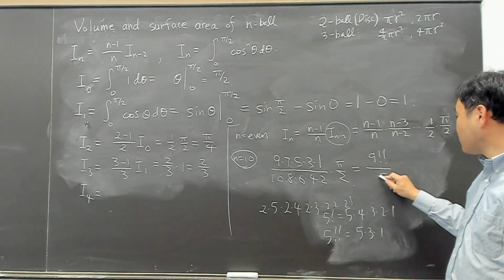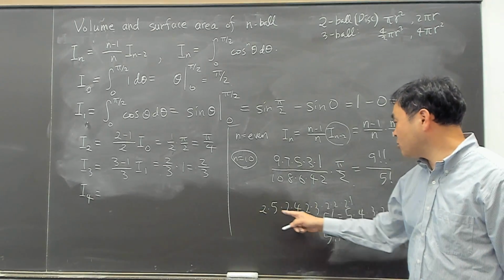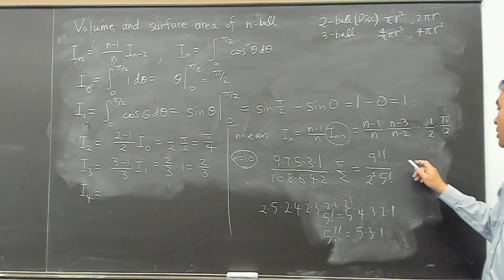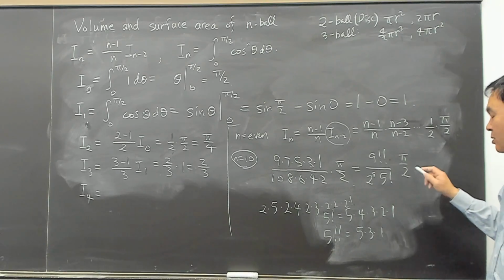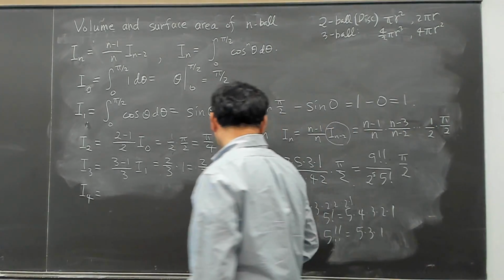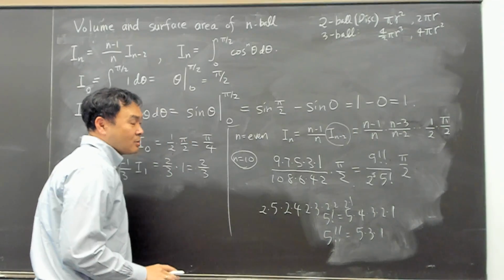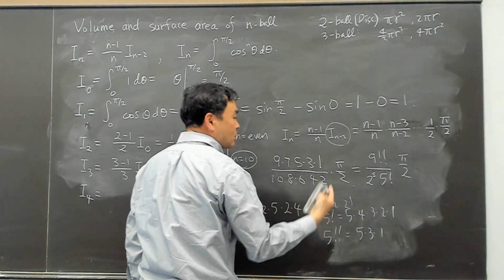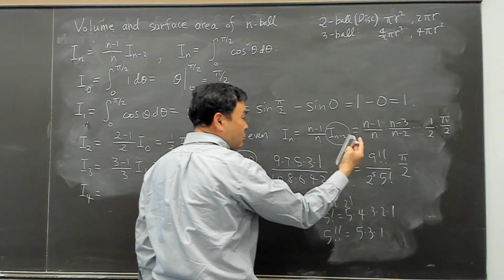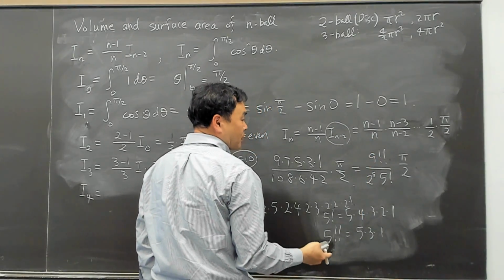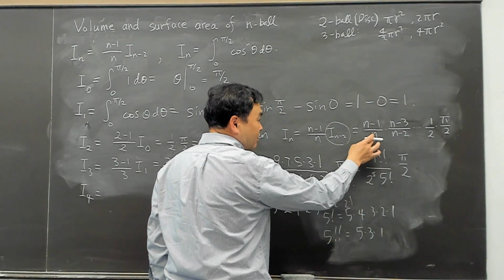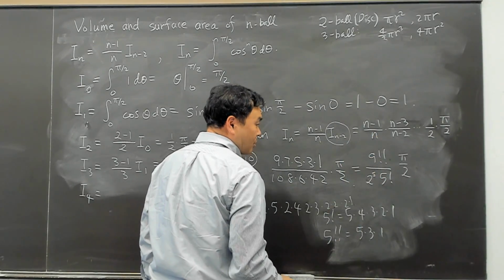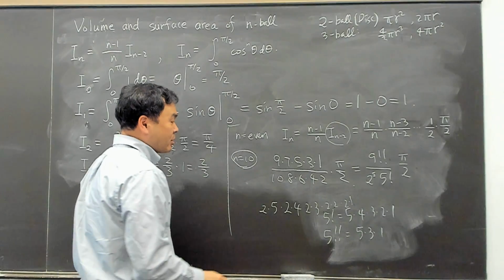So you get 5 factorial, but you also get 2 to the 5th power. And then you get pi over 2. And that kind of gives you an idea of how to simplify this in general. The top one is going to give you a double factorial, whereas the bottom one will be n divided by 2 factorial, and you also get 2 to the power of n divided by 2.